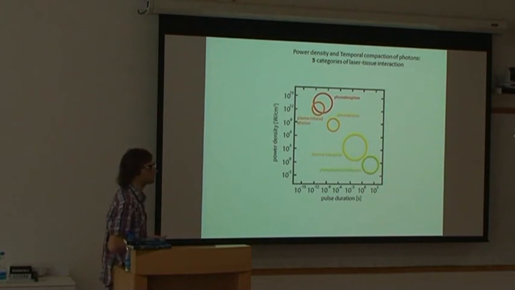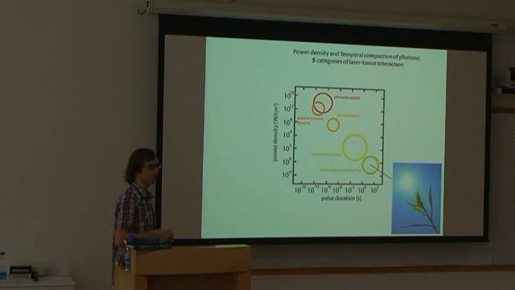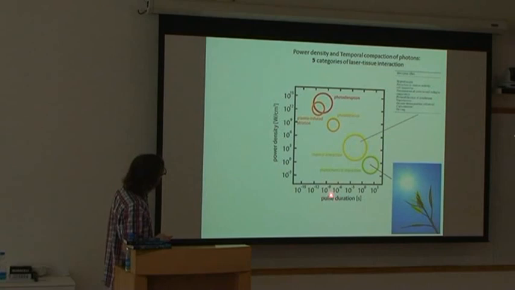You have photochemical interaction. One photochemical interaction I think you know very well is photosynthesis, chlorophyllian. So it needs, in fact, a wave which is almost continuous, no pulses, okay? With not a lot of power density, which is the intensity of the light. Then, if you lower the pulse duration, you start having a thermal effect, one of which I will talk about is carbonization.